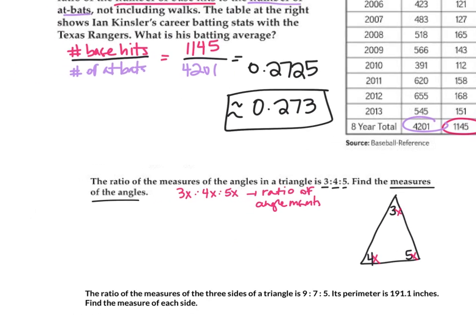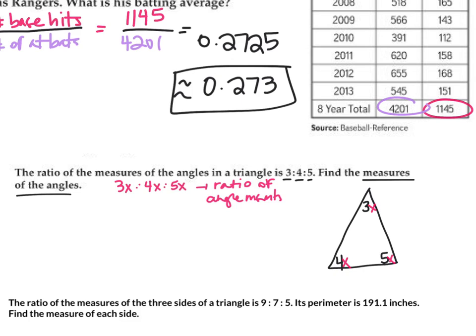So, thinking about a triangle, we know that a triangle has 180 total degrees, okay? And we know that by our triangle sum theorem, all 3 angles, 3x, 4x, and 5x, have to add together to equal that total of 180.